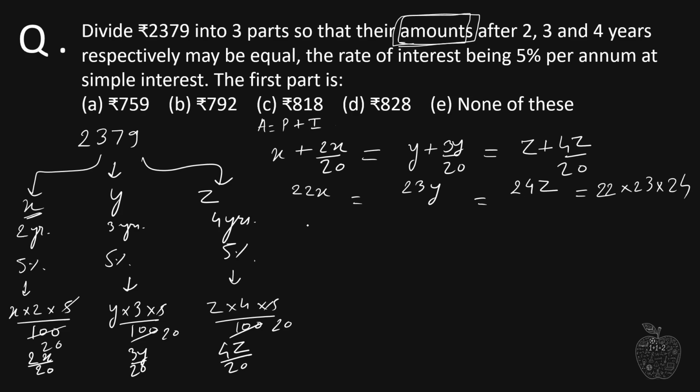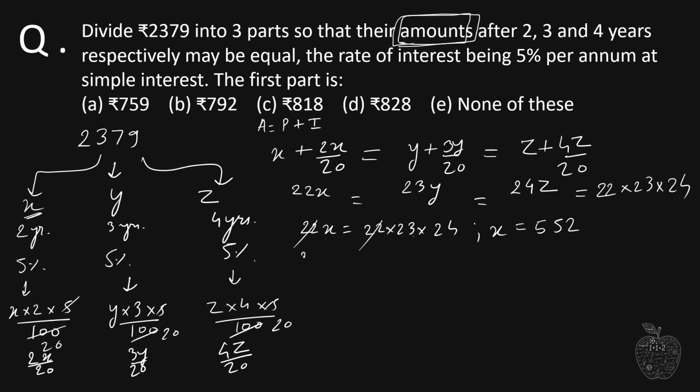Now from this we can calculate the values of X, Y and Z. Let's first calculate for X. So 22x is equal to 22 into 23 into 24. 22 gets cancelled, so we get X equals 23 into 24, and I've already calculated this value. This comes out to be 552.